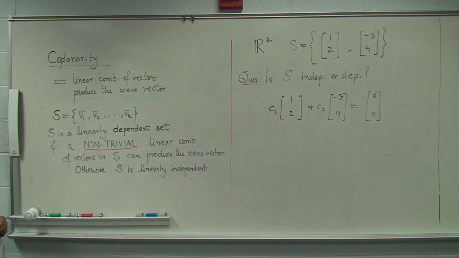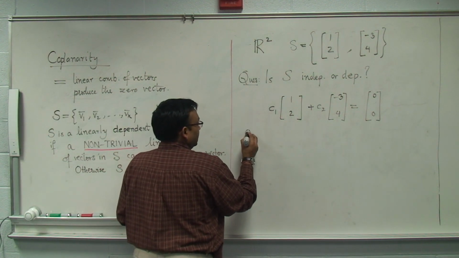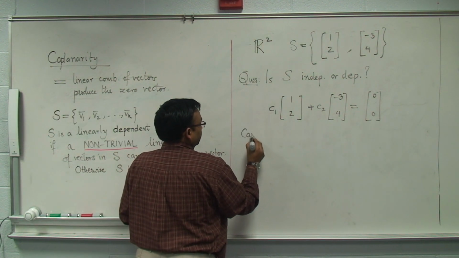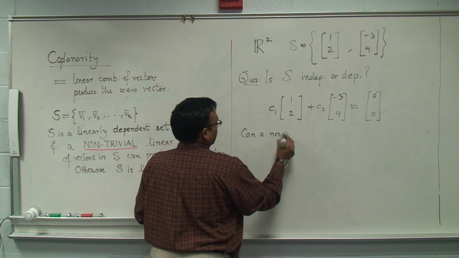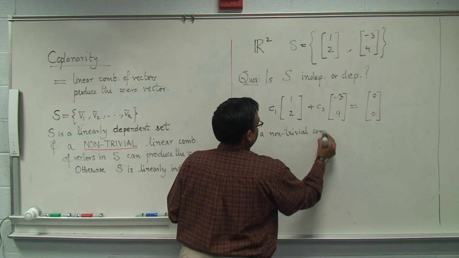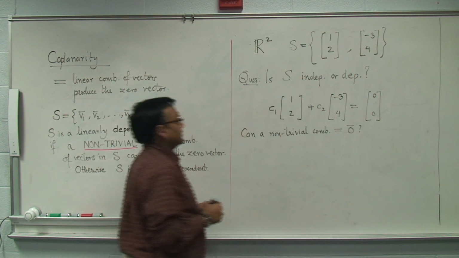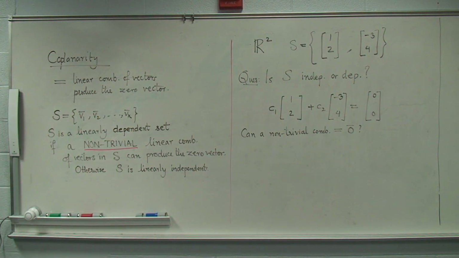So when somebody says independence or dependence, we are asking that question: can a non-trivial combination equal the 0 vector? If yes, then the set is dependent. If only the 0 combination will give me the 0 vector, then the set is independent.